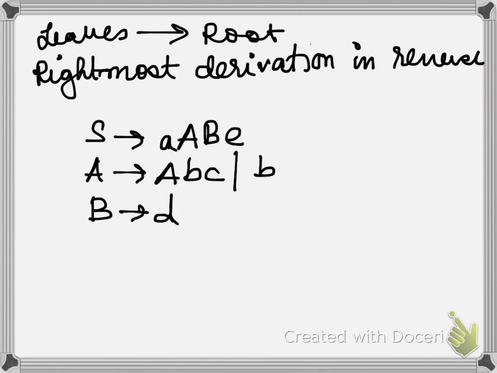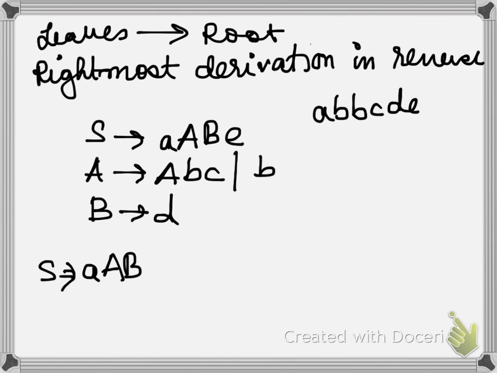I have an input string a b b c d e. If you look at the rightmost derivation of this string, we will get something like this. a A B E. From here I get the rightmost, so I have to replace B now.